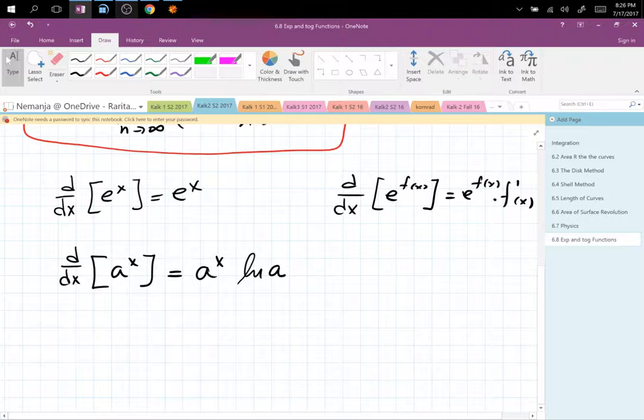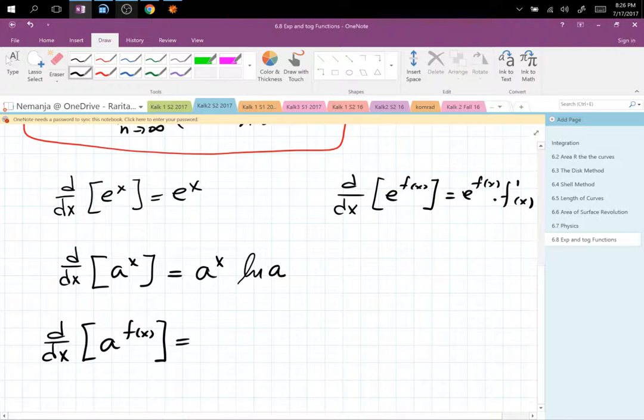So now I want to know what is the derivative in general. Technically, I call this the boss equation, because this equation allows you to look at any possible combination. In this case, you can have your 5 raised to sine squared x, and you will be able to take the derivative because of this. So what do we have?